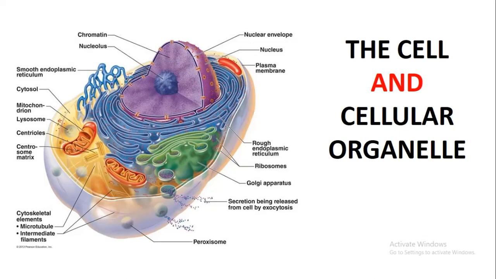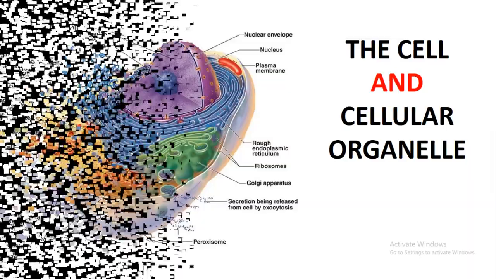There are other organelles, such as the endoplasmic reticulum, which is in two types, and the Golgi bodies. So in this practical, our major purpose is to look at these organelles and how these cells appear. Let's quickly look at our first slide.